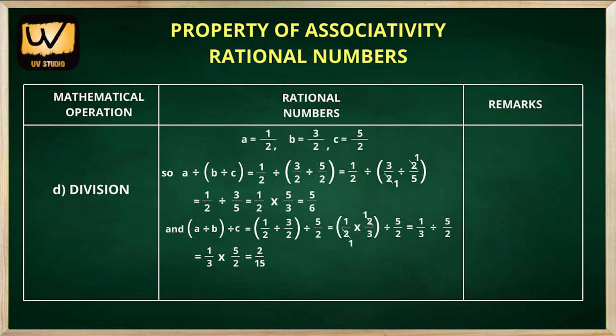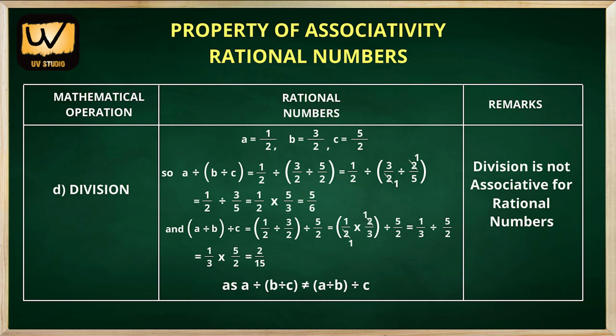For 1/3, division becomes multiplication and 5/2 becomes 2/5, giving you the RHS as 2/15. Now the LHS was 5/6, the RHS is 2/15. It means the left hand side and right hand side are not equal, as A divided by (B divided by C) is not equal to (A divided by B) divided by C outside the bracket. What is the remark? Division is not associative for rational numbers.